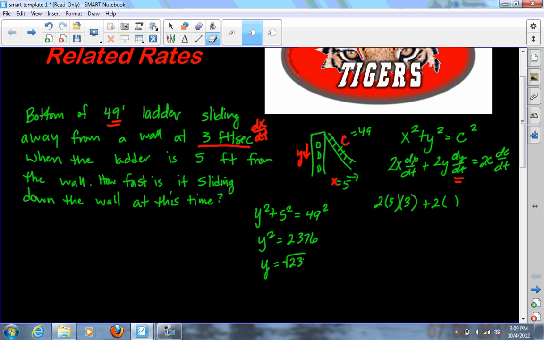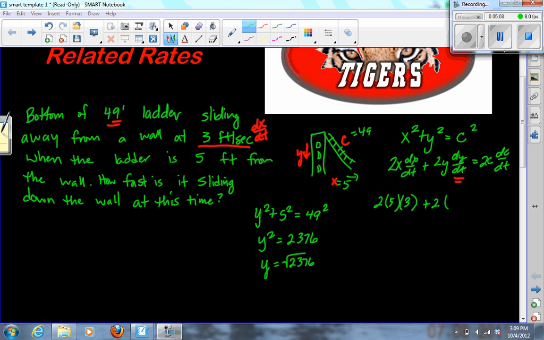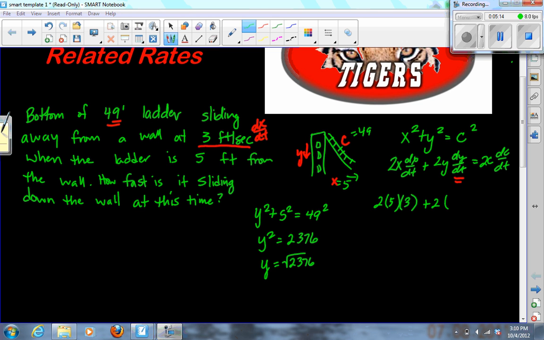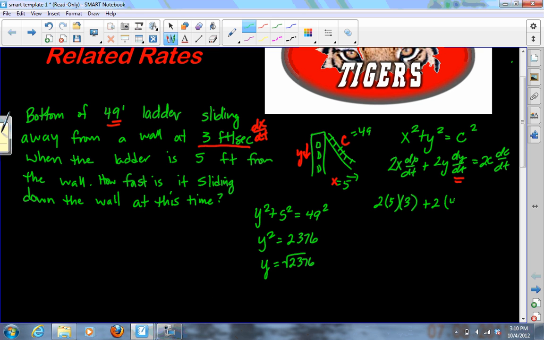So let me make these parentheses bigger. Okay, this is 48.7.